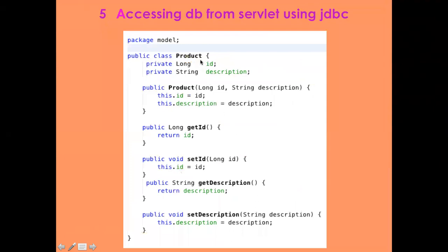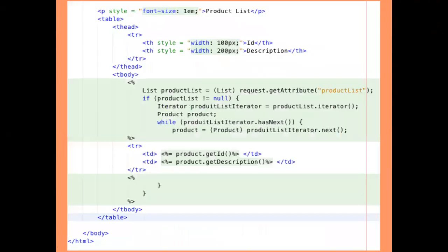Next, what we have is the product that will represent the model of my program. And finally, this is the second part of the GSP, in which I mainly define the table that will display the content of the product file. After defining the header, it is necessary in the body to open scriptlets, because this list is not static.